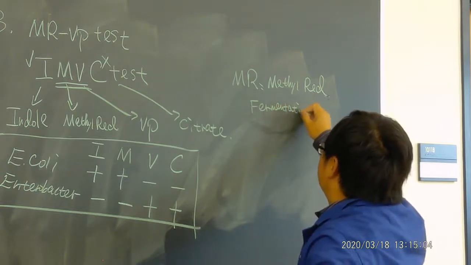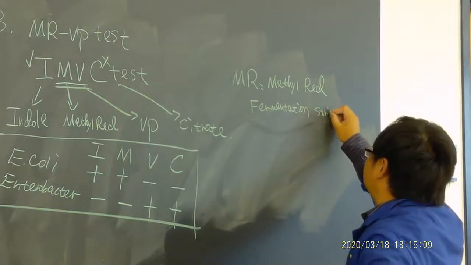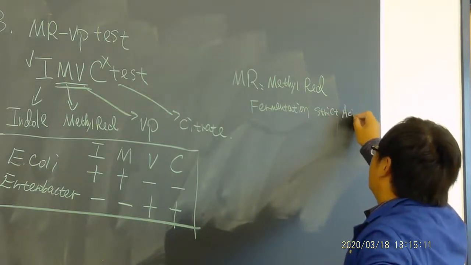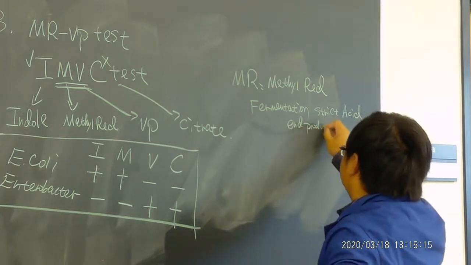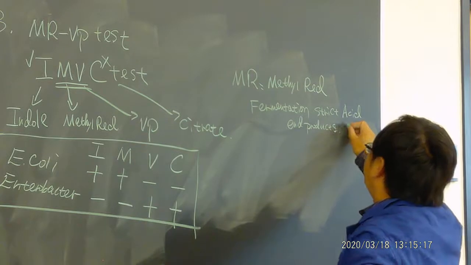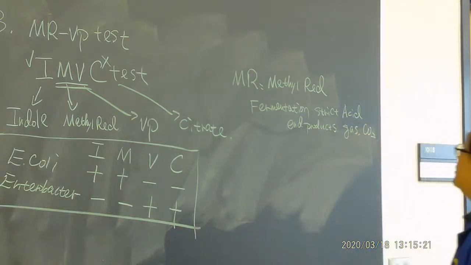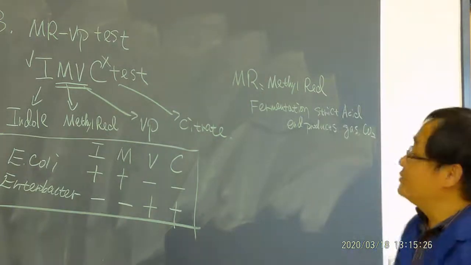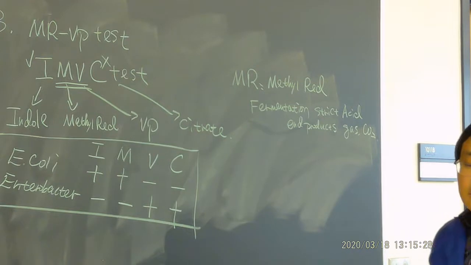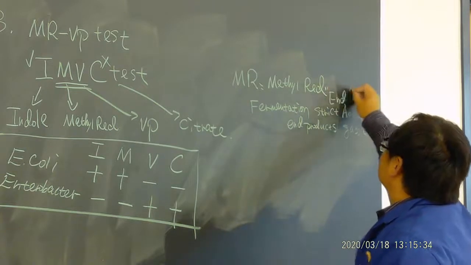Lots of bacteria going through fermentation will generate acid end products, and with gas or carbon dioxide, for example. Therefore, they will generate methyl red. So methyl red means we can test bacteria going through fermentation whose end products are acid end products.